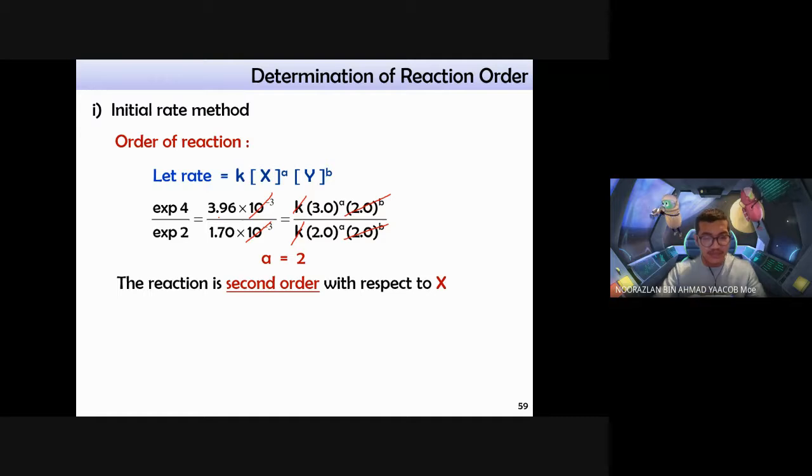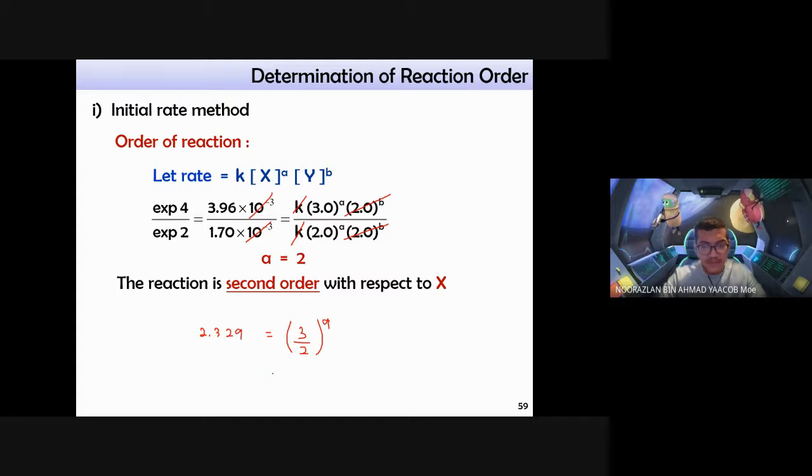Sorry, part 1.7. We will get 2.329 equals 3 to the power of A over 2 to the power of A, we can simplify it as 3 over 2 to the power of A. So using the law of logarithm, you anti-log it.